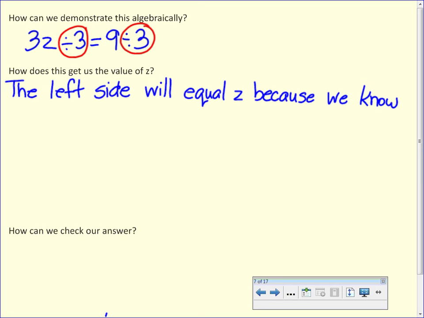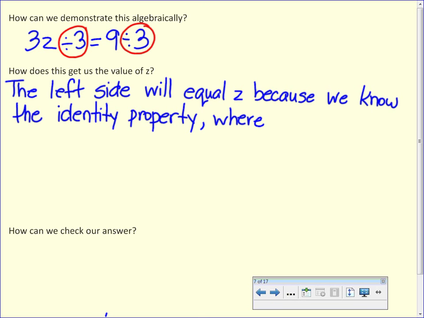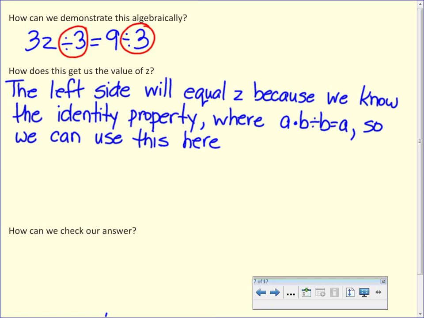Because we know the identity property. Let's review what the identity property is. A times B divided by B will equal A. So we showed an example of what the identity property is, and we're going to apply it to the left side of the equation.